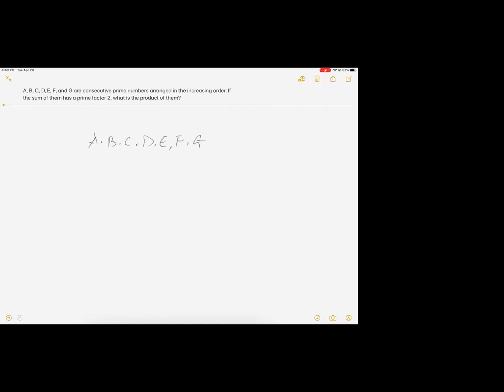Well, let's focus on the prime factor 2. All prime numbers are odd except 2. So here's a fact, very important: all prime numbers are odd except 2, right?